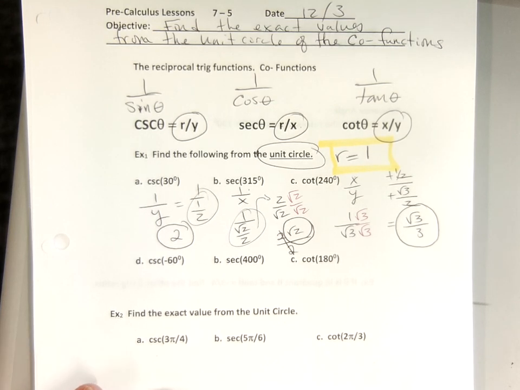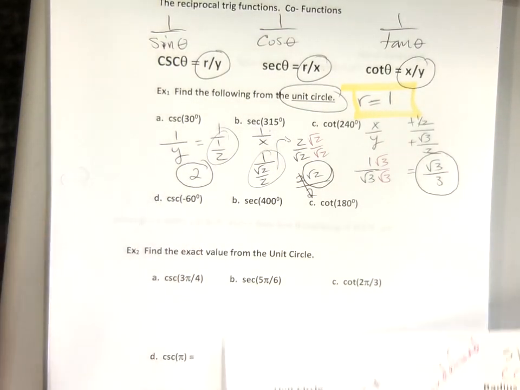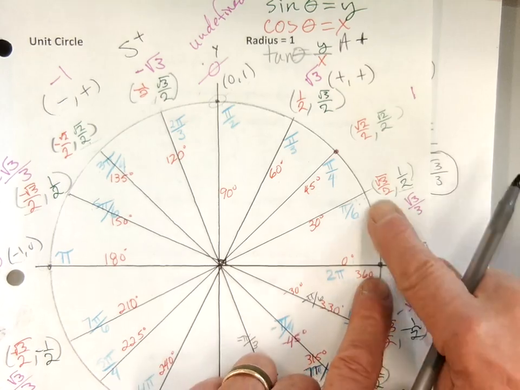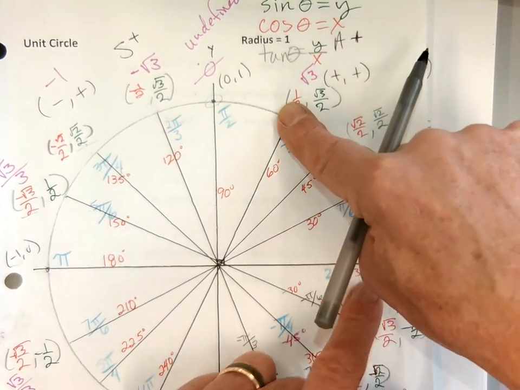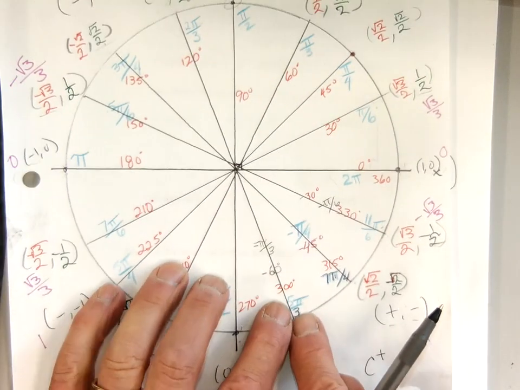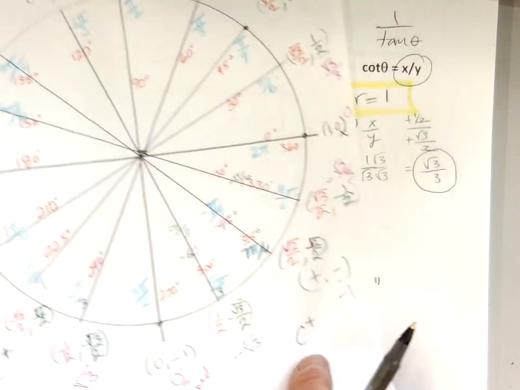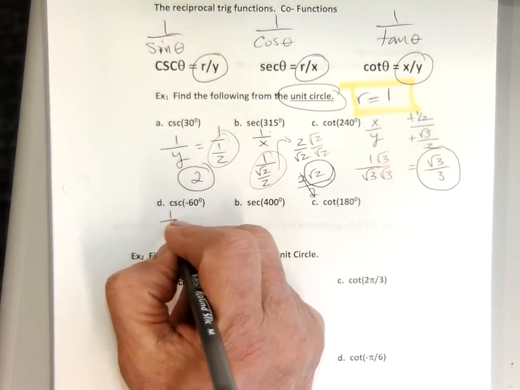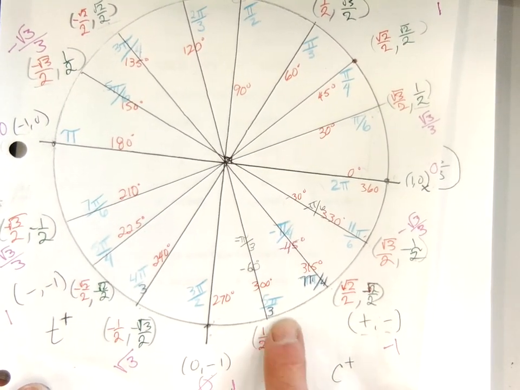I'm okay? All right. Cosecant, a negative 60 degrees. If 60 degrees is a rotation this far, then let's just rotate the tire backwards the same amount, which puts a negative 60 degrees here at 300. And I'm doing my cosecant there, so I'm doing 1 over the y value. So the y value is square root of 3 over 2.